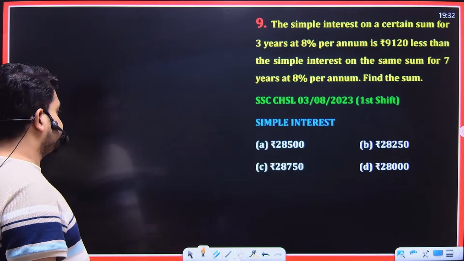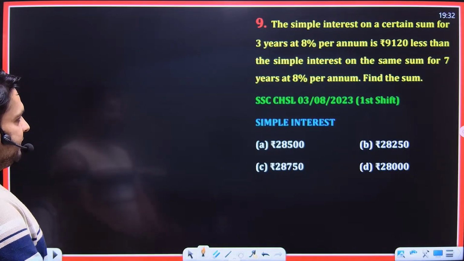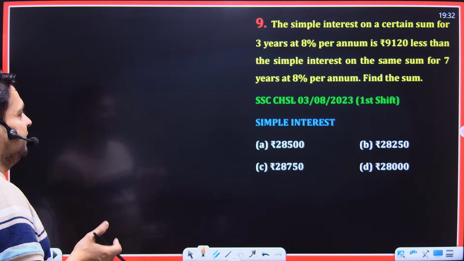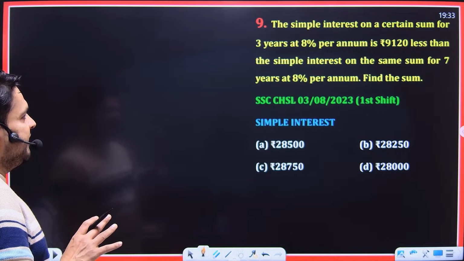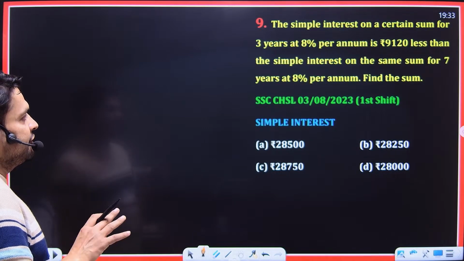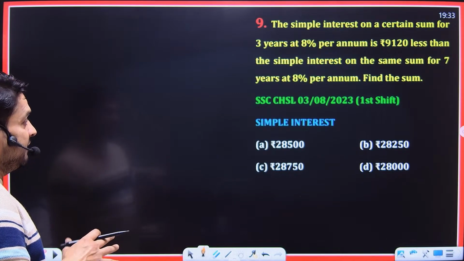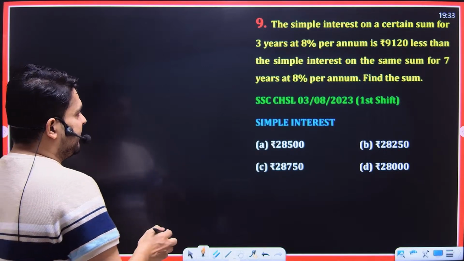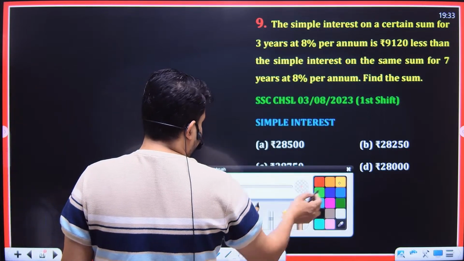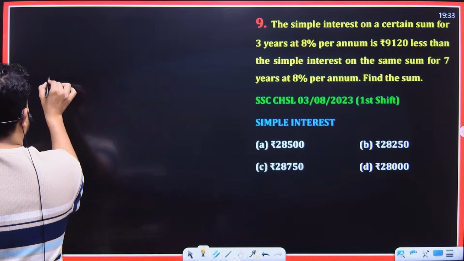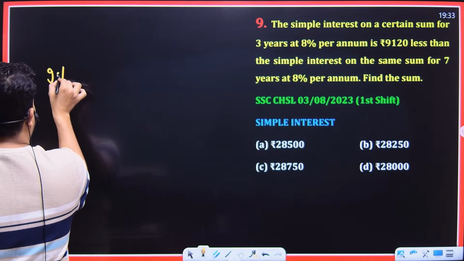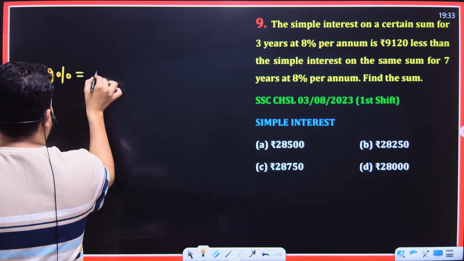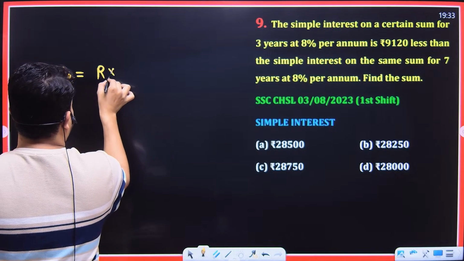Next. The simple interest on a sum of rupees for 3 years at 8% per annum is 9120 less than the simple interest on the same sum for 7 years at 8% per annum. See, if you want to calculate your interest in percentage, then you have to multiply rate into time.